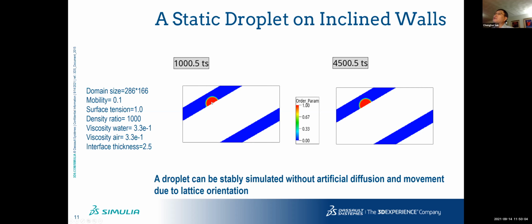For example, for the Shan-Chen model, the bubble will move along the wall and cannot stay at the same place. In some cases there is also leakage along the wall, so it will form a film along the wall. For the phase field model, it works perfectly.